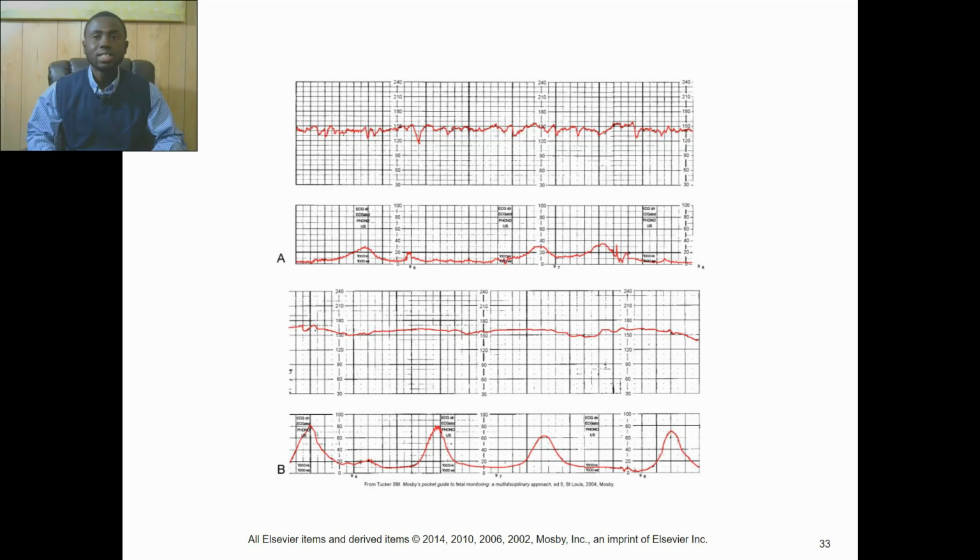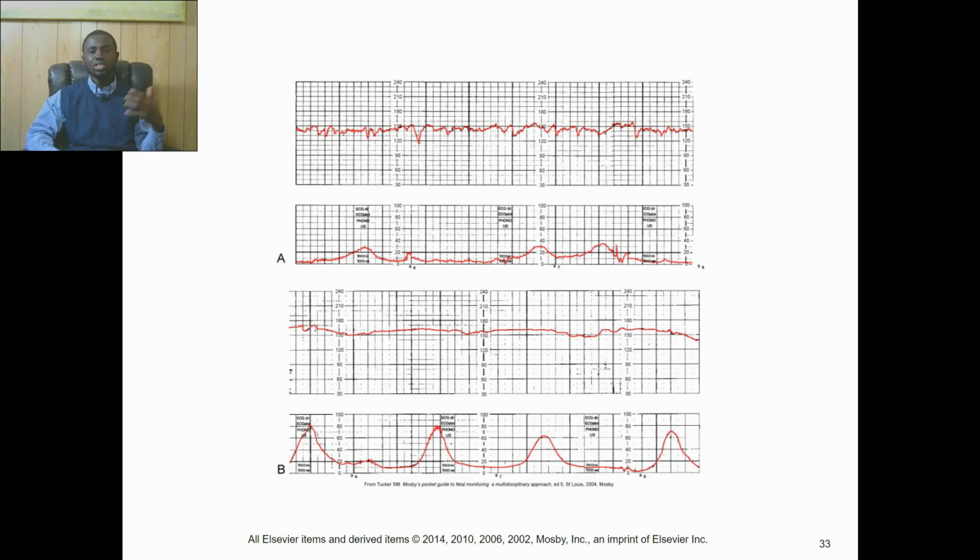So if a test is negative, then it means that at least 3 uterine contractions in a 10-minute period occurred with no late or significant variable decelerations. So in the non-stress test, we were looking for accelerations.